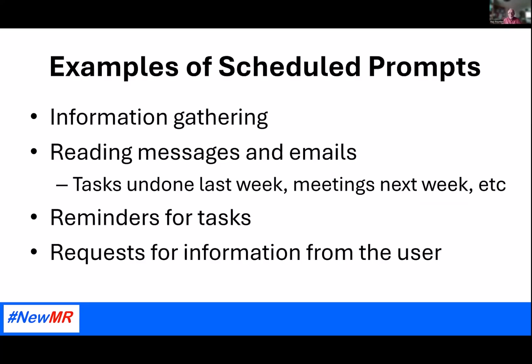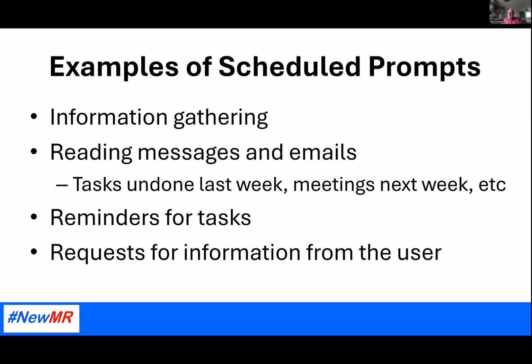Very straightforward with Copilot too. So I can ask it to read, on Friday, all the messages from the week and say what tasks look like they've not been done. I can also ask it to read my calendar and do me a summary of the meetings I've got next week.